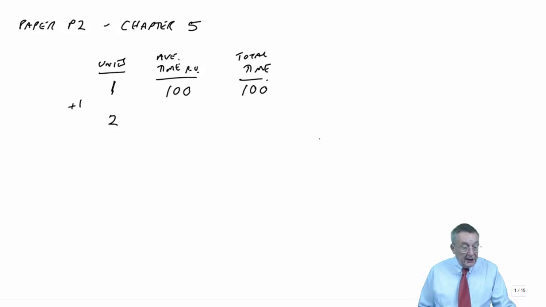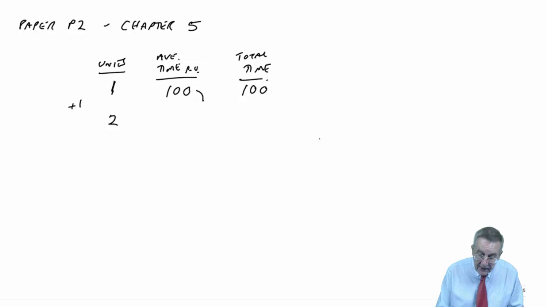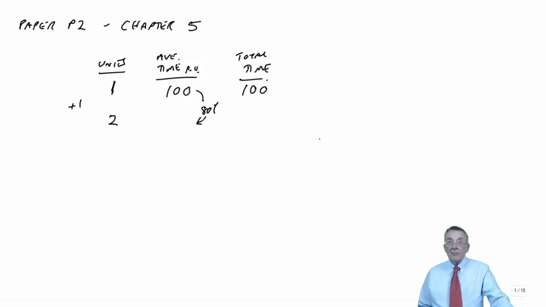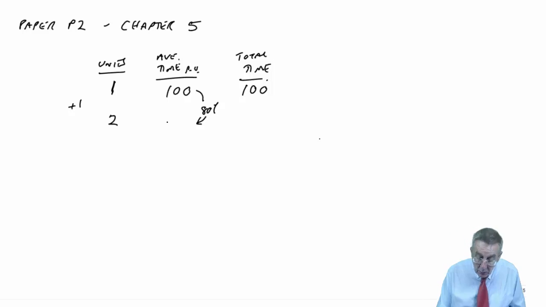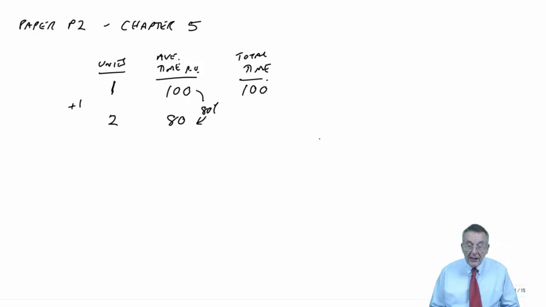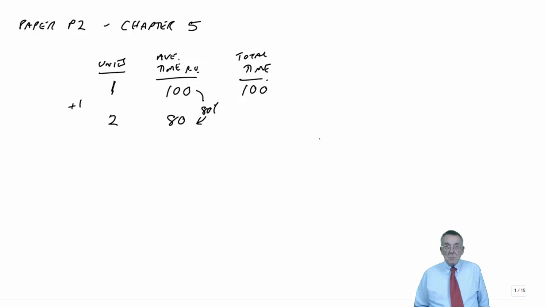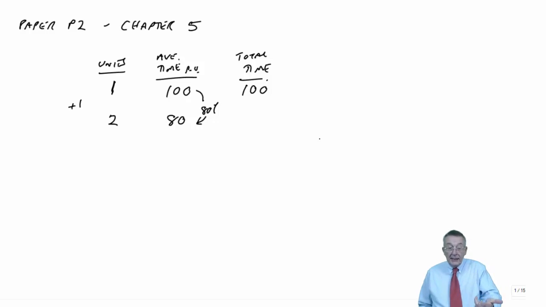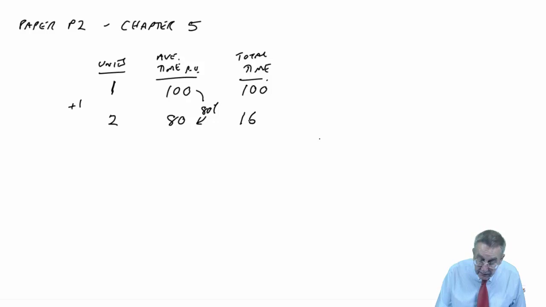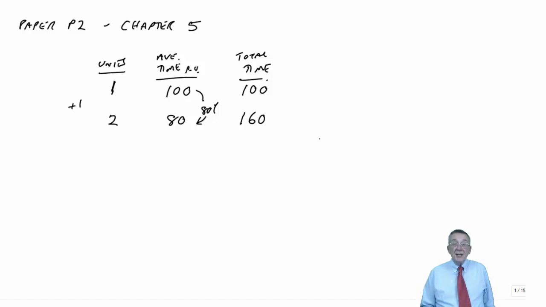Now, because the learning rate here is 80%, the average time was 100 per unit. Double to 2 units, the average time per unit will be 80% of 100, it'll be 80. Now, that's the average time per unit if we make 2. And so the total time, if 2 units on average take 80, the total time for 2 units will be 160.